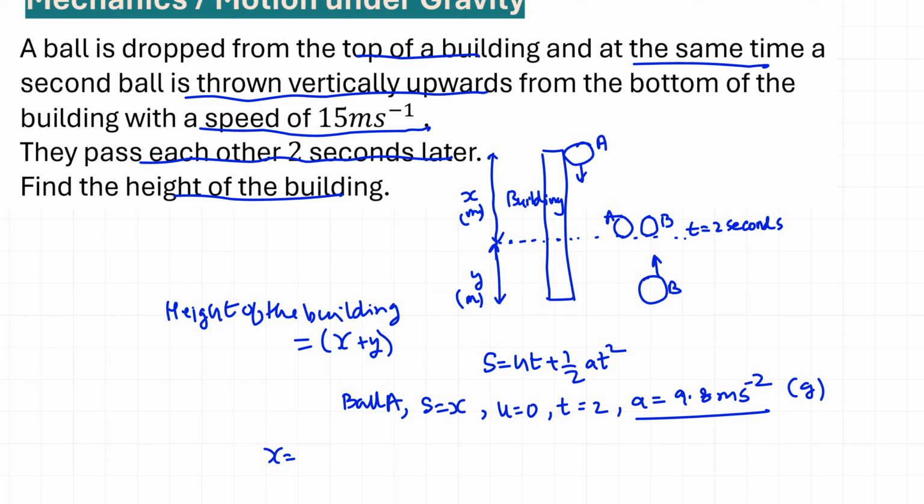So x is 0 plus half times 9.8 times 2 squared. So that is 9.8 times 2, 19.6. So we get x is equal to 19.6 meters.